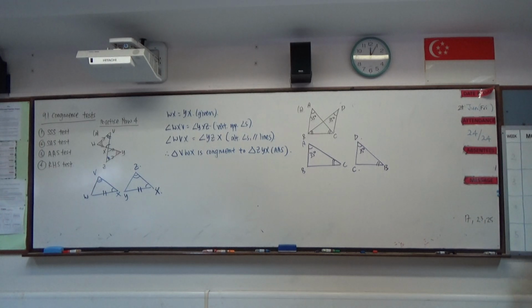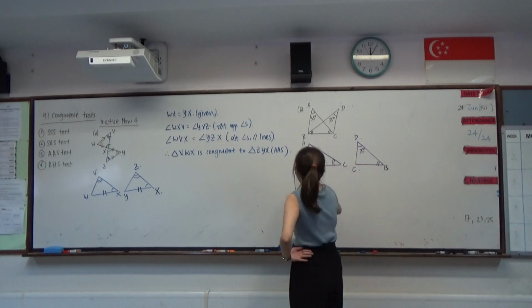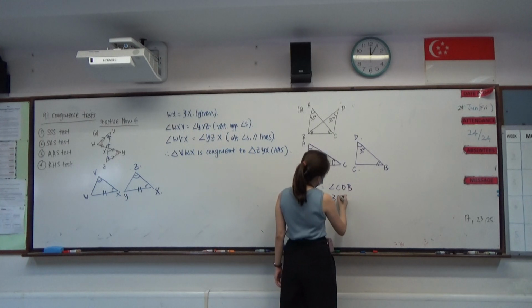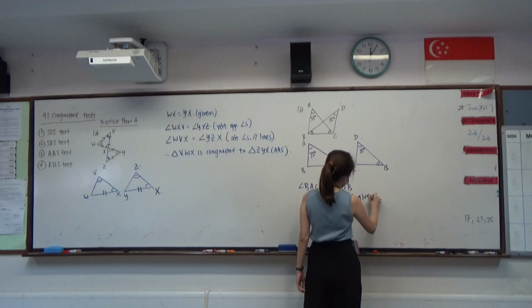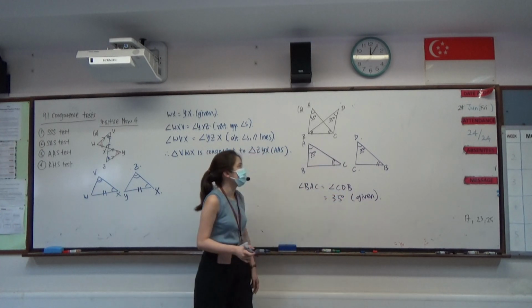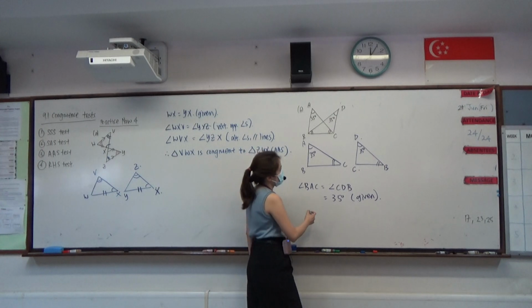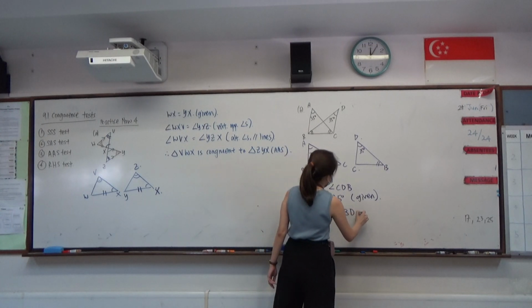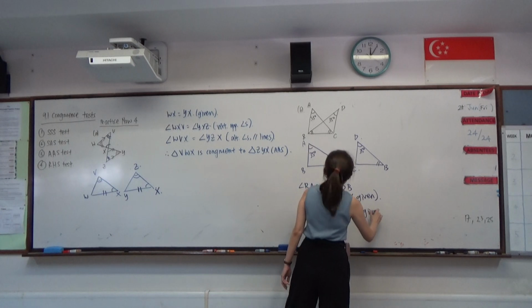Okay, what do we have to write to prove that they are congruent? Okay, what do you think? Okay, angle BAC equals angle CDB, which is 35 degrees because it is given. The question also gave that angle BCA is equal to angle CBD, as they are given.